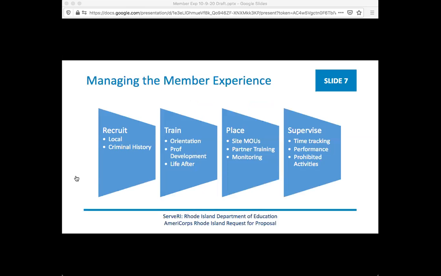I'm going to repeat a slide that Adam shared on, I think, the first set of this series. This is another way to think about managing the member experience. You've got this main pathway: you've got this project where you need to recruit them, you need to train them, you need to place them.